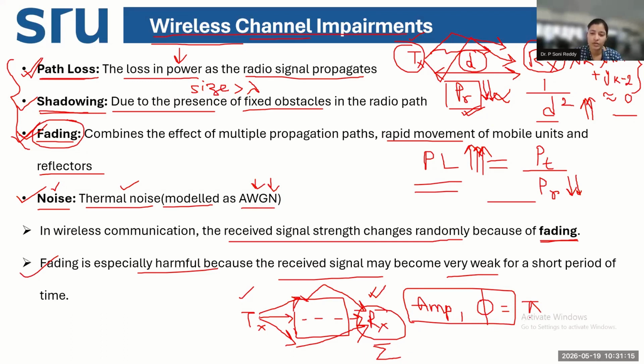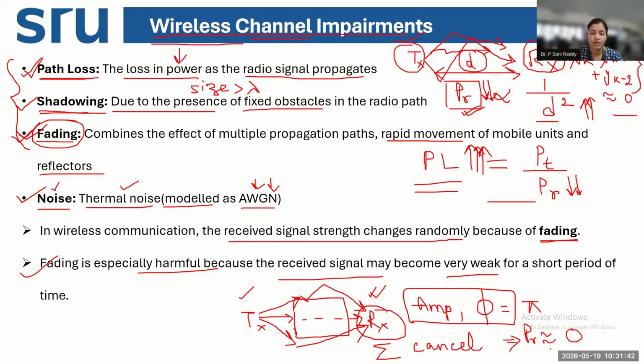When this is exactly equal to pi or 180 degrees, the signals cancel each other. That means there would be destructive interference. Destructive interference means that the received signal power is almost equal to 0.